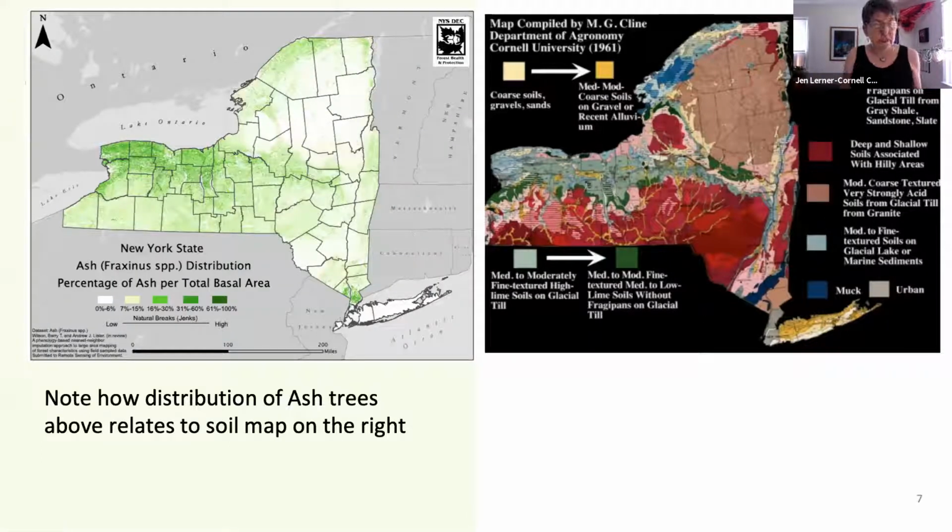On the left is a distribution of our native ash trees, and then just take a look at how that relates to the map on the right. There is a concentration of that particular species that compares with this area on the right here. Yes, the tree is distributed throughout the state as well, not so much in the Adirondacks, that big brown section up there, but you can see how the distribution of ash trees really relates to the soil of New York State.